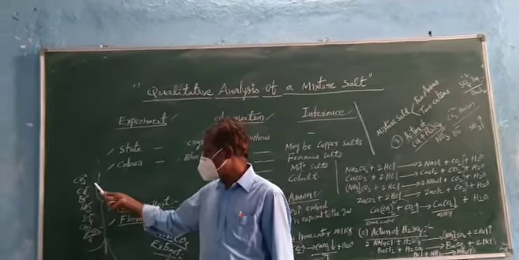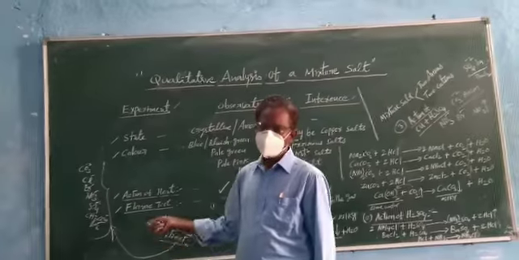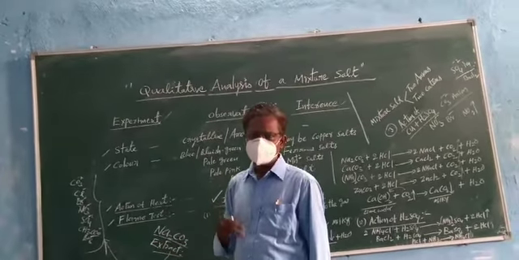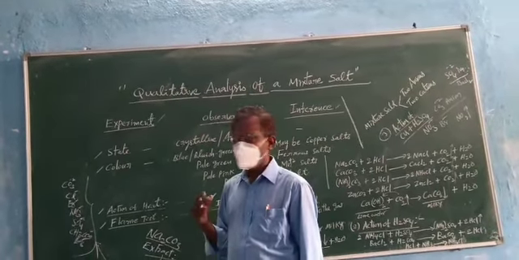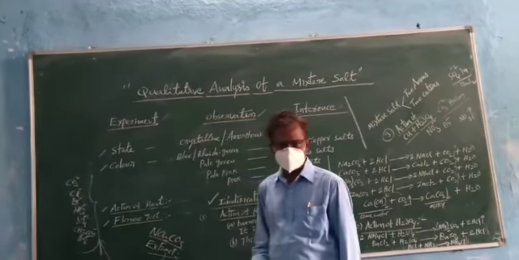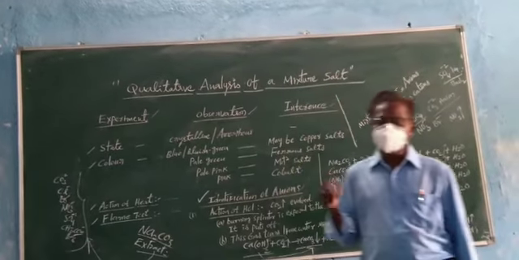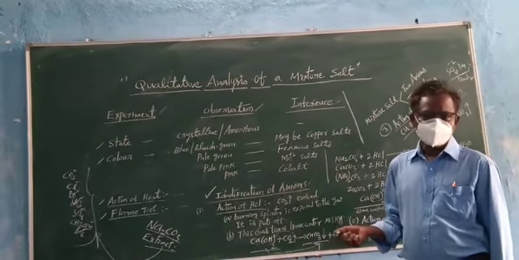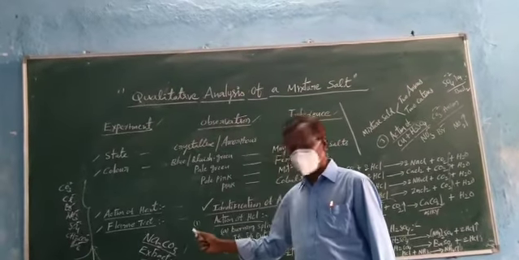In general, out of these anions you will get 2 anions positively, and the remaining all are negative. You will get only 2 anions with positive reactions. Then for the 2 positive anions, you do the confirmatory test by using sodium carbonate extract.